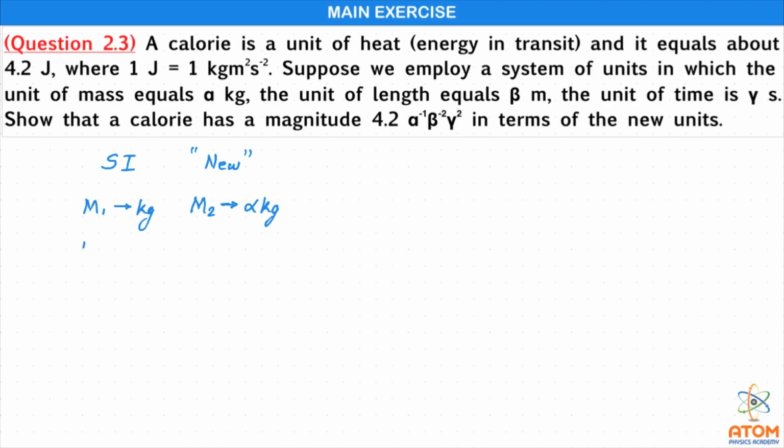The same way, let us say length is represented by unit meter in SI, we know already, and here length L2 in the new unit system is represented by beta meter. Time in SI T1 is represented by second, and time in new unit system T2 is represented by gamma second.